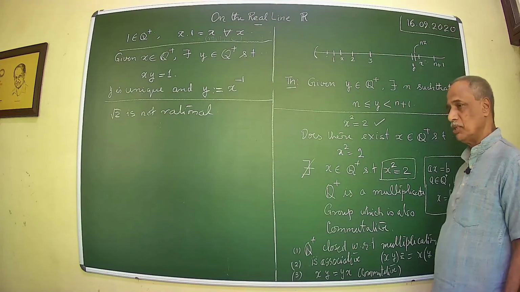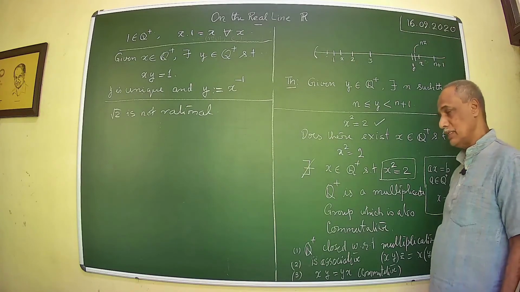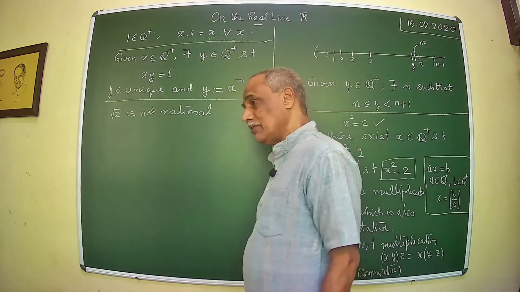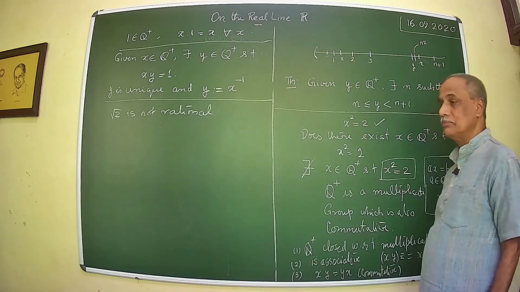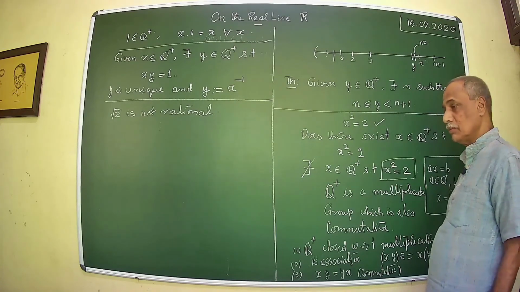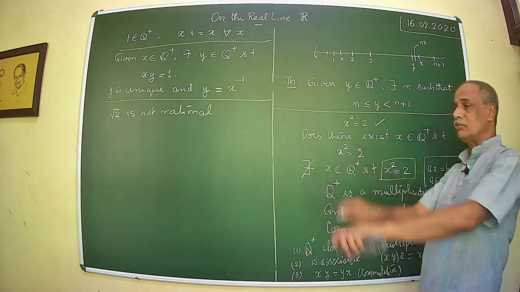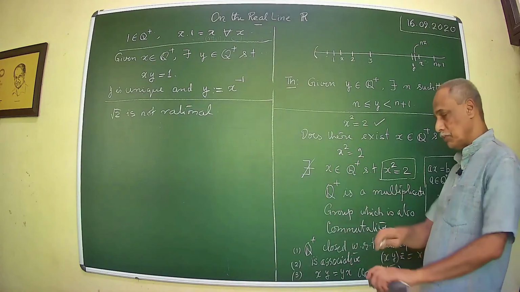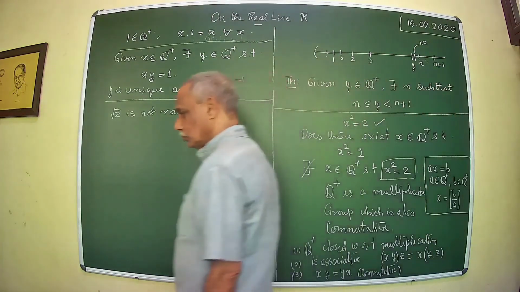So p square is even, which says p is even. P is even means it is equal to twice p prime, and therefore p square is equal to 4 times p prime square. So this will also give q square is even, which means q is even. Therefore between p and q there is a common factor 2.